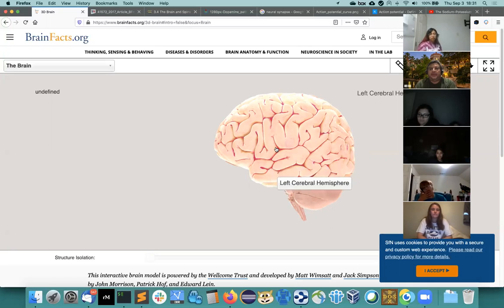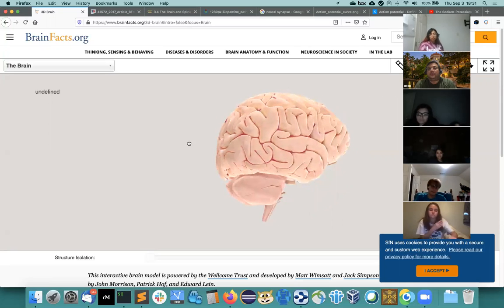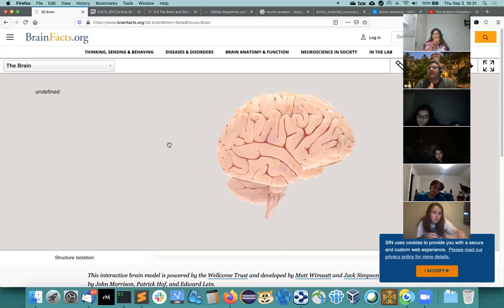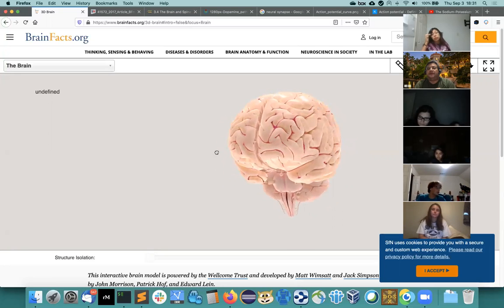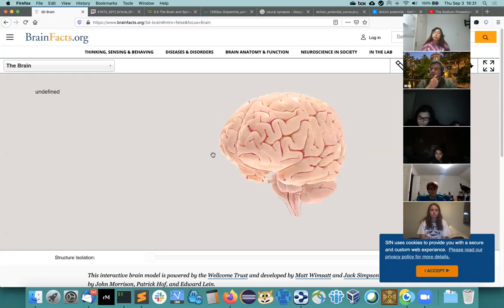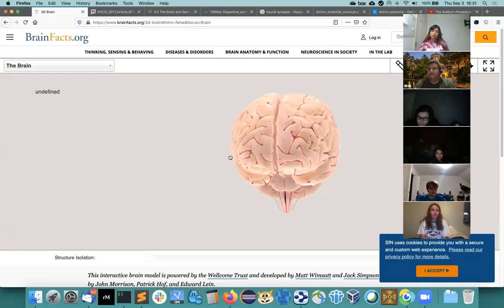One of the things that you have to understand about the brain is that there is what's called lateralization. In other words, lateralization means off to one side. That means that certain functions of the brain are controlled by one side of the brain. So for example, all of the movements of the left side of your body are controlled by the right side of the brain.